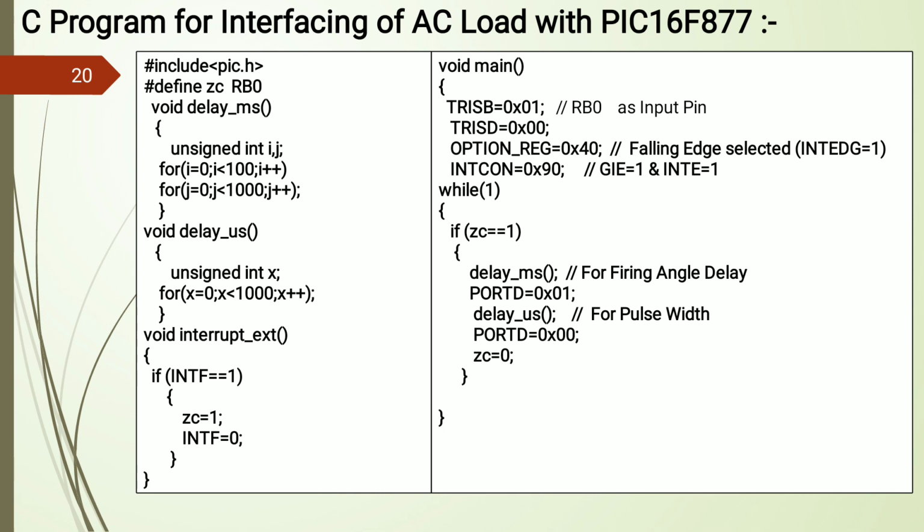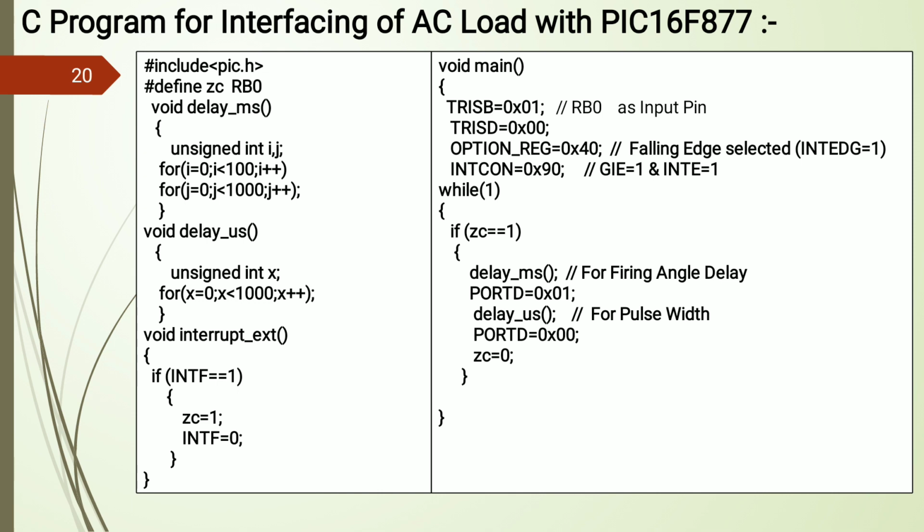Here we need to define two delay loops, that is first in millisecond and second one in microsecond. So the first loop is for generation of firing angle delay, so after completion of that delay, we are able to fire the signal and the device is turned on, that is the triac is turned on.